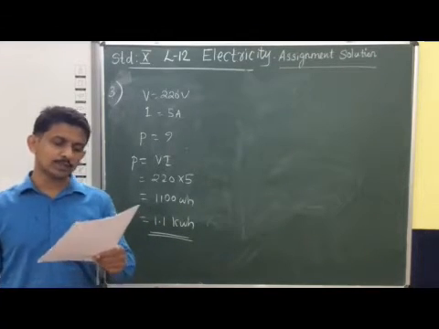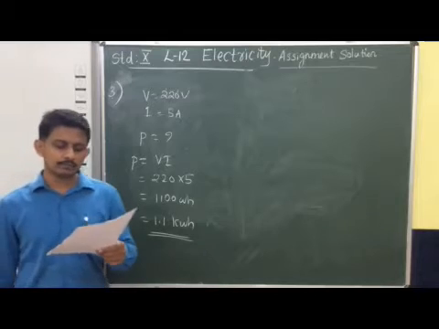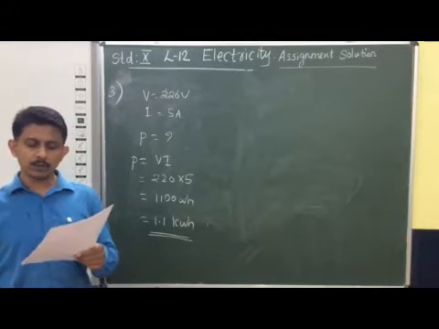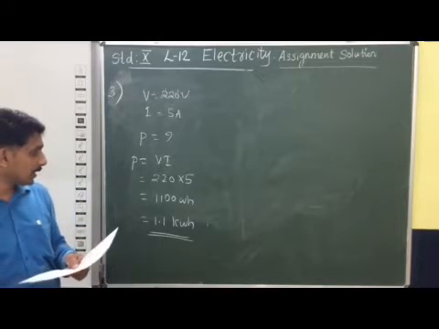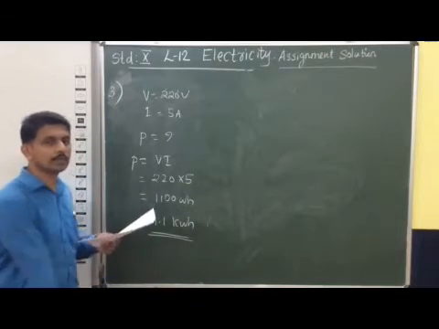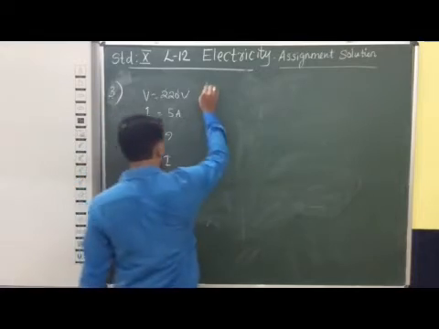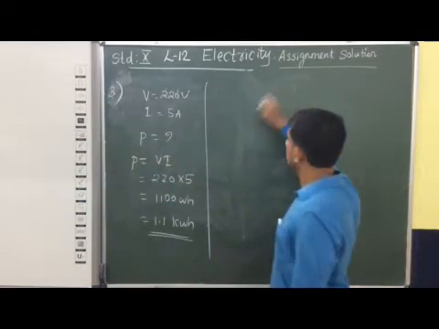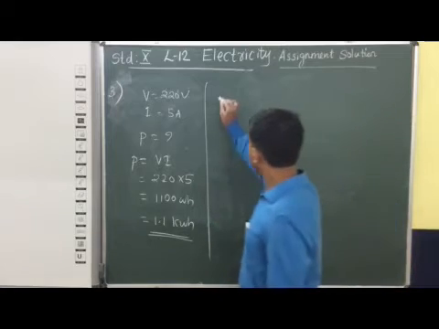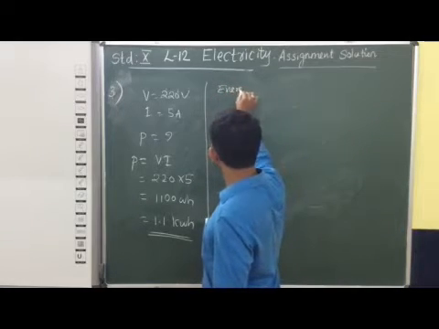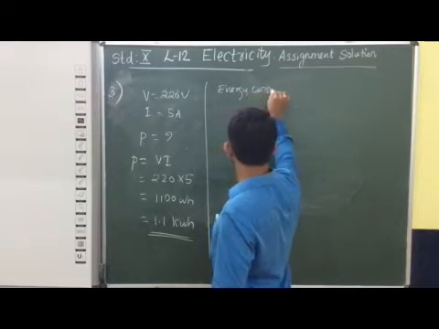Now the second part: what is the cost of using the heater for 30 days if 1 kilowatt hour costs 50 paise? This is the power consumed by this. So now we have to calculate the cost of energy consumed for 30 days. First we have to calculate the energy consumed for 1 day.